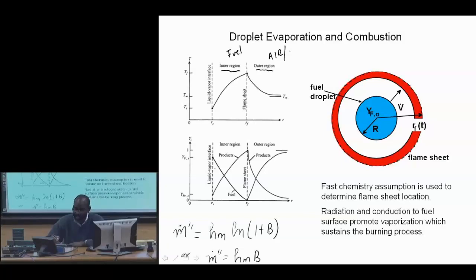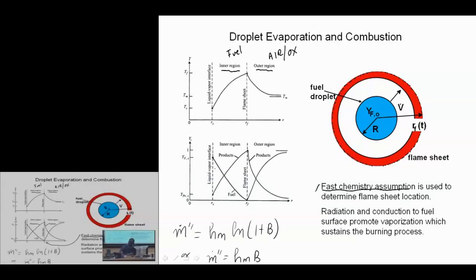The oxygen mass fraction also decays to 0 at the flame sheet because of the fast chemistry assumption. So that fast chemistry assumption is that YF is equal to YO is equal to 0 at the flame sheet.